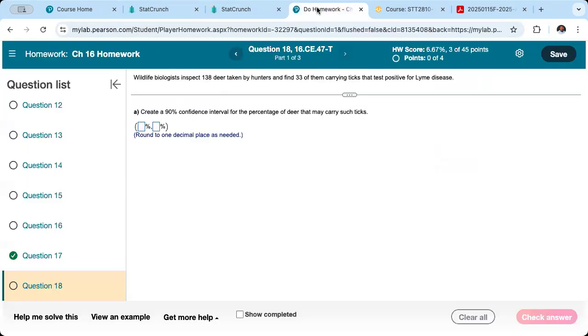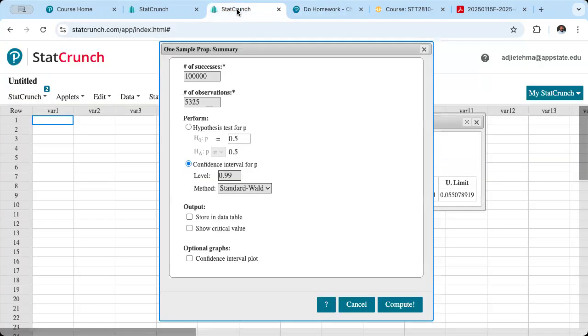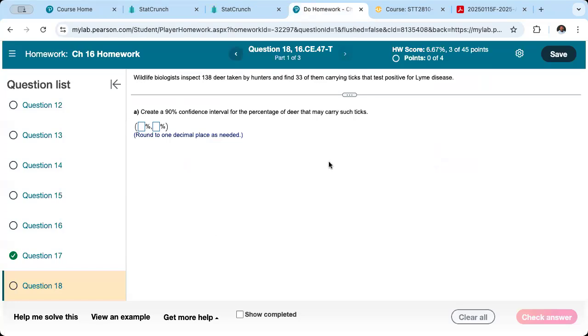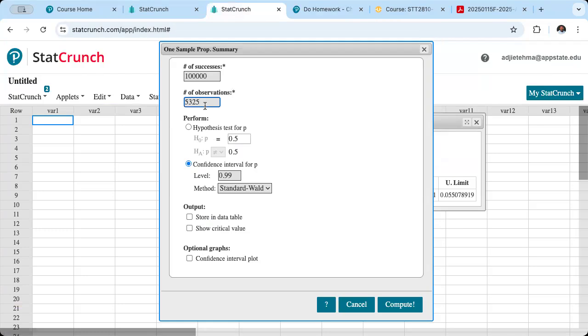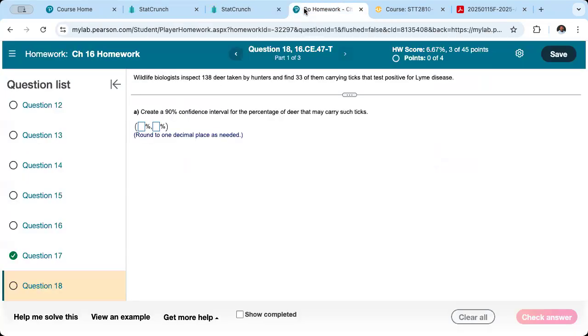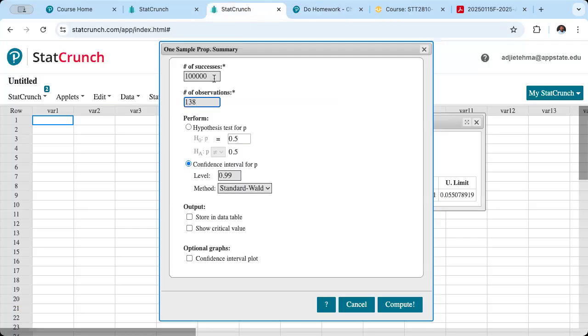Now let's get to 18. So 18, what is the number of observations? 138. And what is the number of successes? 33. Okay.